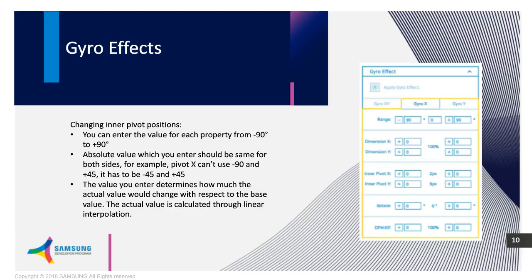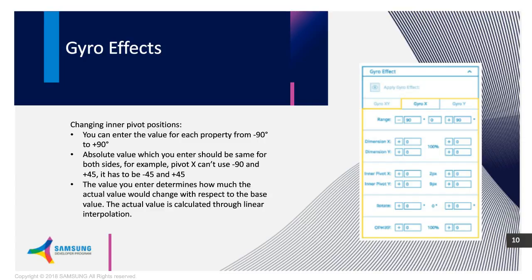As you can see, there are three tabs: Gyro XY, Gyro X, and Gyro Y. So in the Gyro X, there are different fields like dimension X and dimension Y, which means for a particular component which you have selected, you can change the dimension, that is the size, from 100% to 90% or 80% or 70%. When the gear is rotated along the x-axis, the image will shrink according to the percentage that you have entered in here.